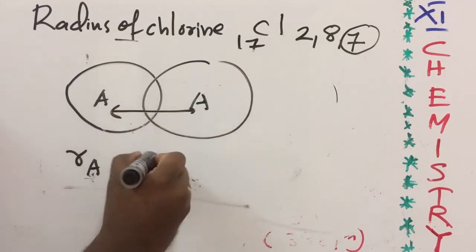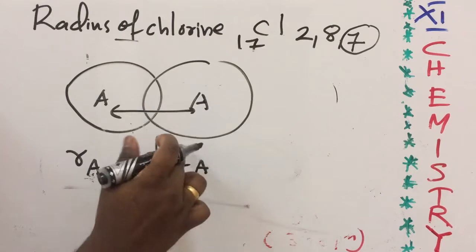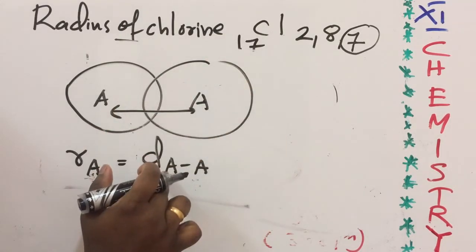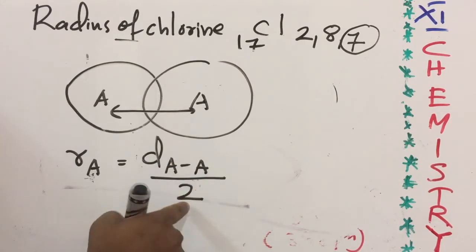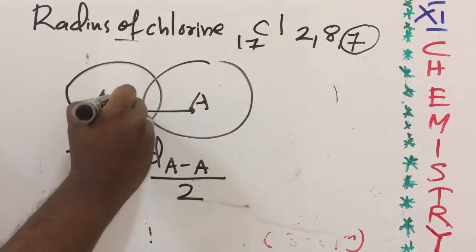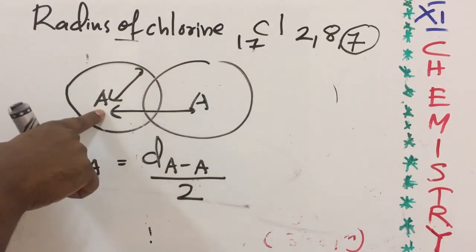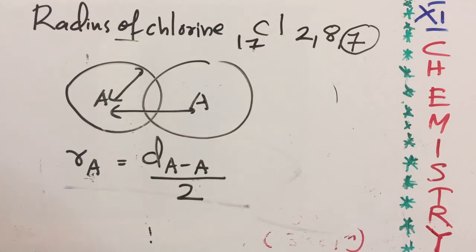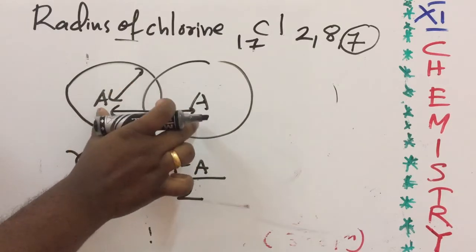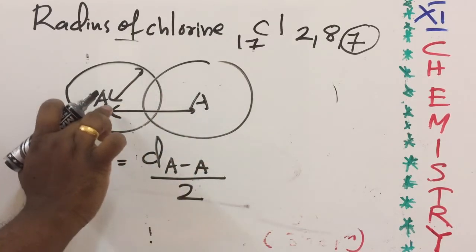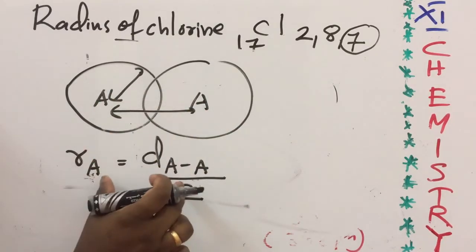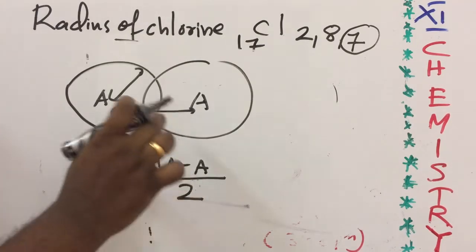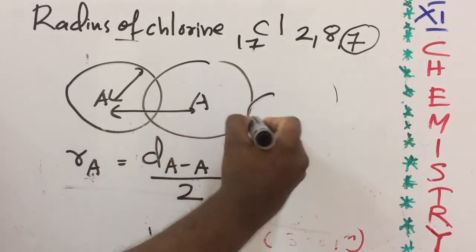Take the internuclear distance, which you will get from experiment, divide by 2, and that value is equal to the radius of one atom A. Clear? But the condition is that both should form through covalent bond, and both atoms should be the same. And the radius calculated by this method is called covalent radius.